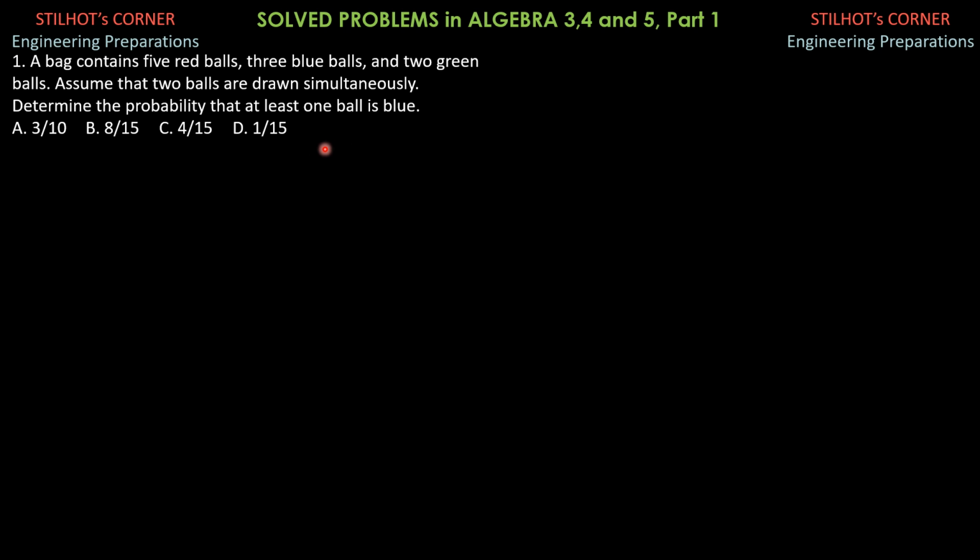So therefore, the probability that at least one ball drawn is blue is equal to the probability of exactly one blue ball plus the probability that the 2 balls are blue balls.